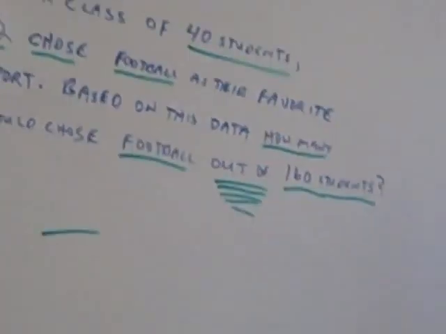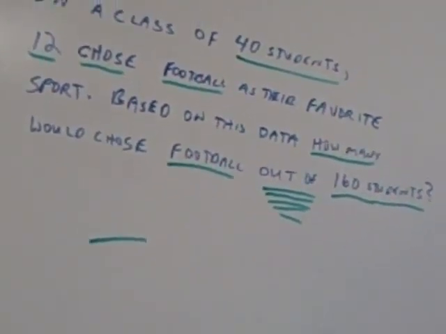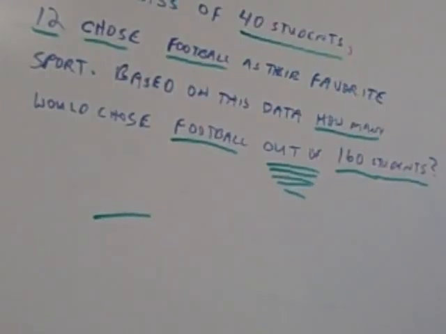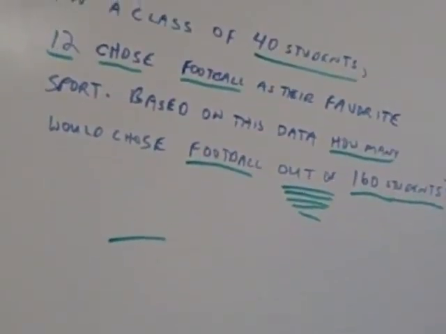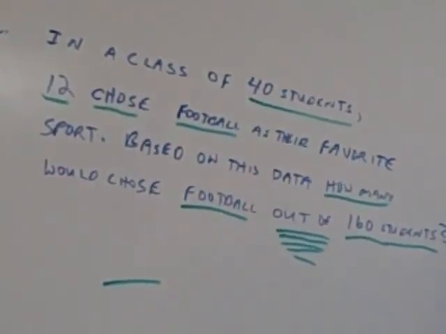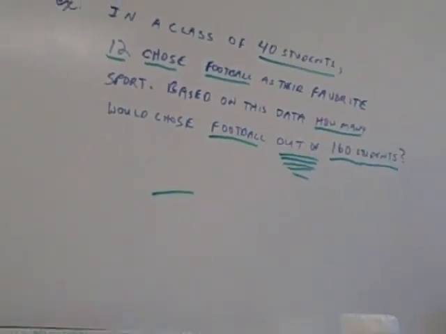Now, do you remember how we worked ratio words? What did we do? Compare. No. When we had ratio words, what did we do? Divide by the big number. Oh, cross multiply. Nope. Take away.